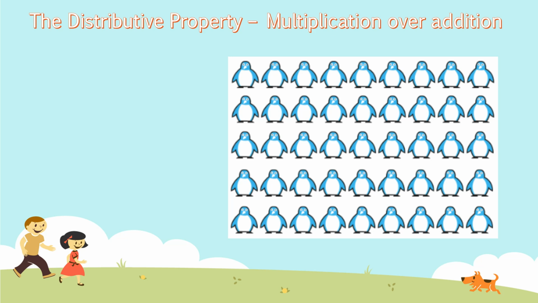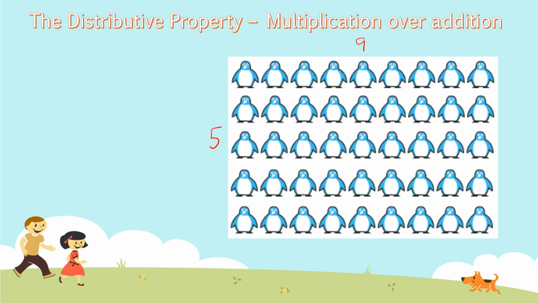If we are looking to count how many penguins there are, we would look at it as 5 rows of 9. 1, 2, 3, 4, 5, 6, 7, 8, 9. Okay, so 5 rows of 9.